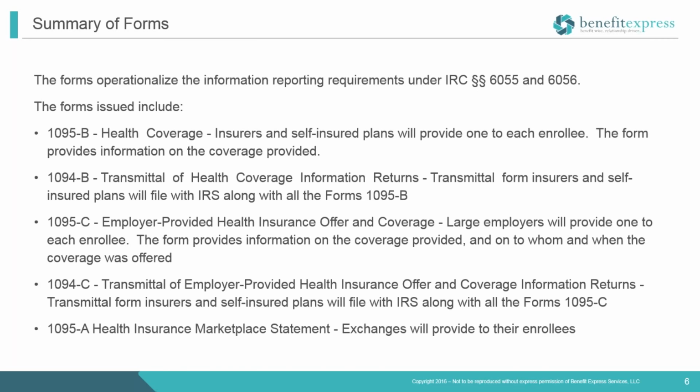We've gone through the 1095C and the 1094C. And again, that is for the employer mandate and in some situations the individual mandate purposes. The remaining form, which we will not go over today, is the 1095A. And if you buy your insurance through the exchange, then they will show evidence of coverage by giving you a 1095A.